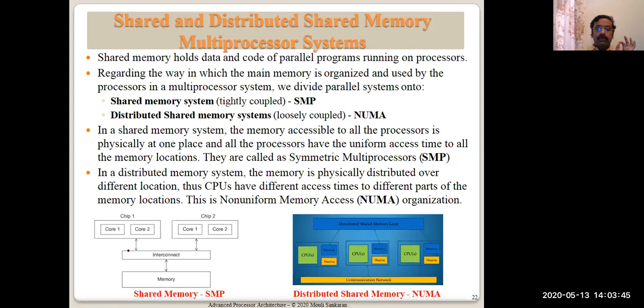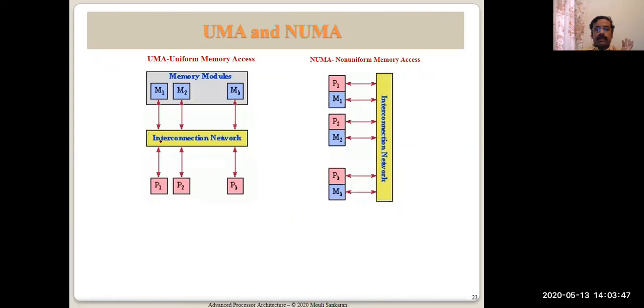So let me now show you this. Non-uniform memory access. That means what? Different processors are there. They're all connected to different memory modules. See, this is one module, this is another module.